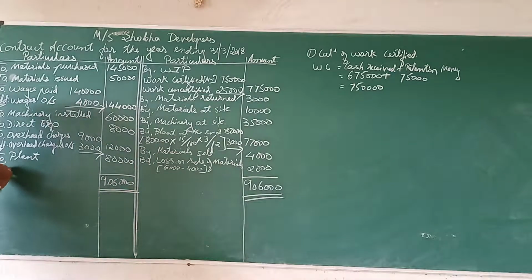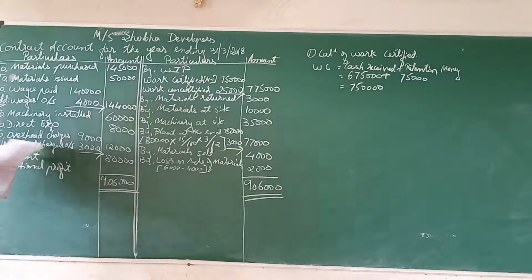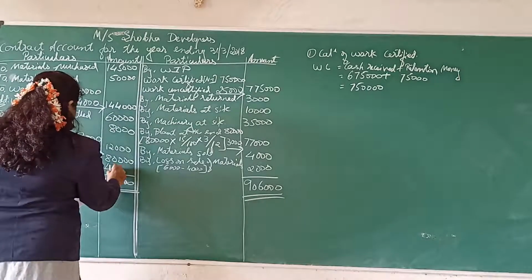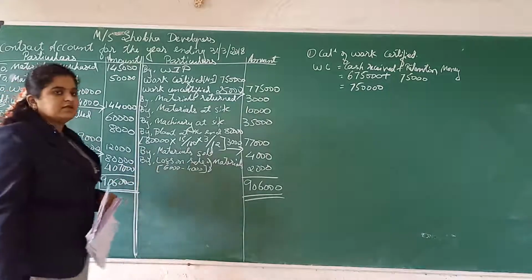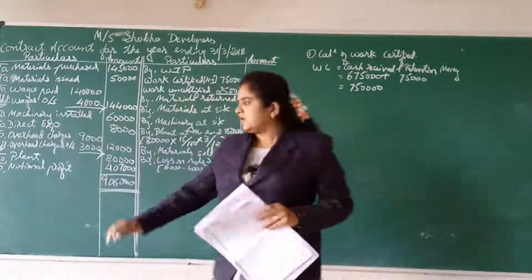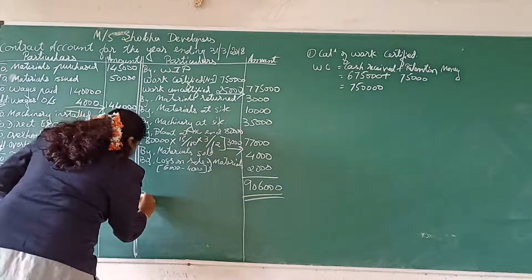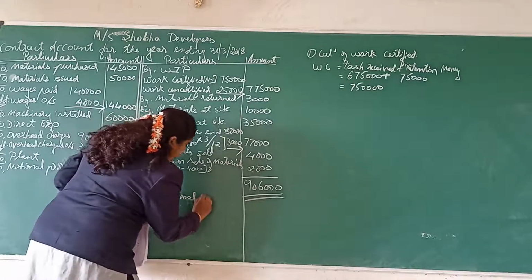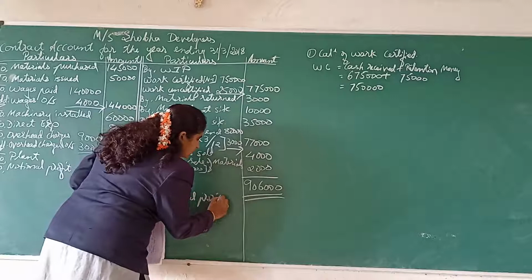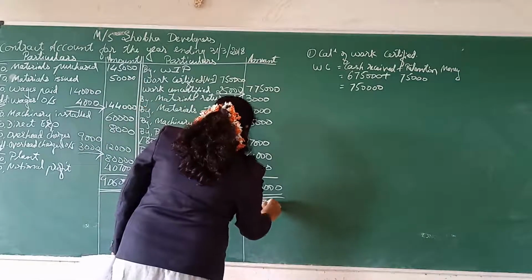So we get notional profit. Notional profit of rupees 4,07,000. Okay. Now this we are going to take it on the credit side, that is by notional profit brought down, amount is 4,07,000.